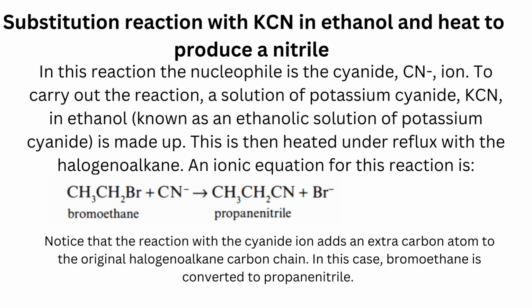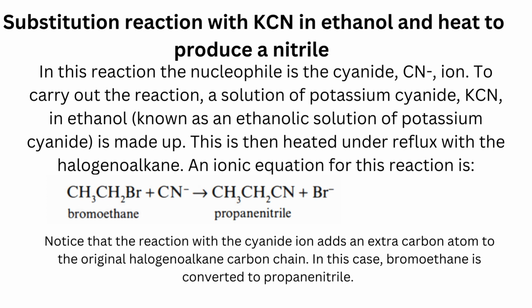The next reaction is a substitution reaction with KCN in ethanol and heat to produce a nitrile. In this reaction, the nucleophile is the cyanide CN- ion. To carry out the reaction, a solution of potassium cyanide KCN in ethanol, known as an ethanolic solution of potassium cyanide, is made up.